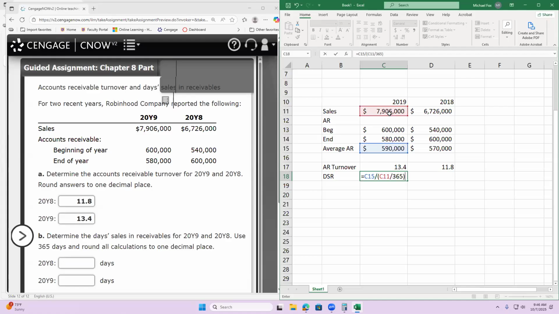So the sales per day is sales divided by 365. In the numerator, I've got average accounts receivable. In the denominator, I have sales divided by 365. So what this means is I'm collecting an amount equal to my average accounts receivable every 27.24 days. They want one decimal place.